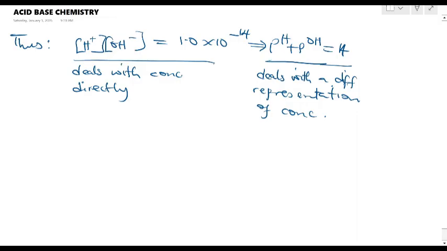Of course, between here and here are basically the same.